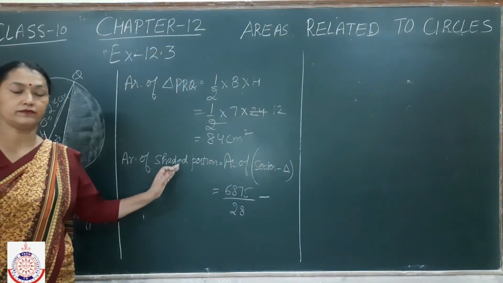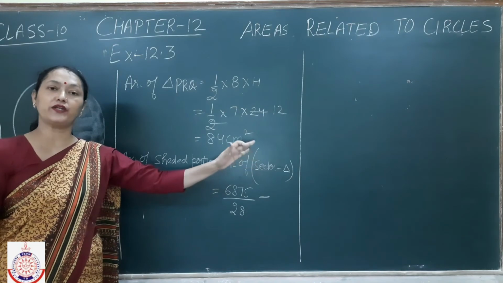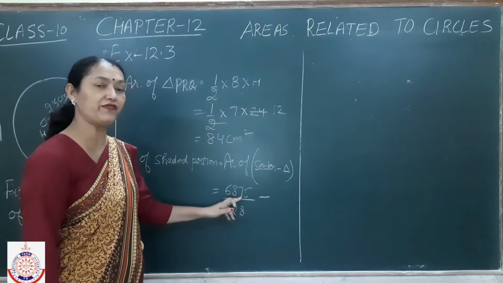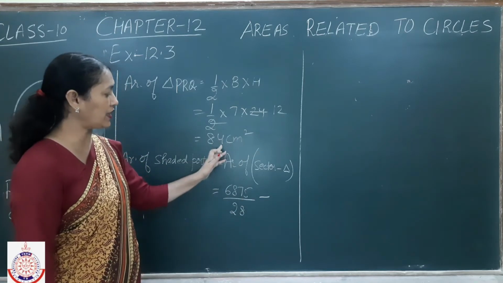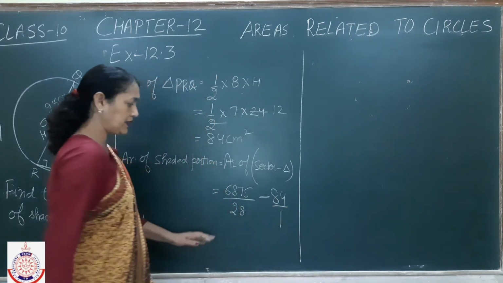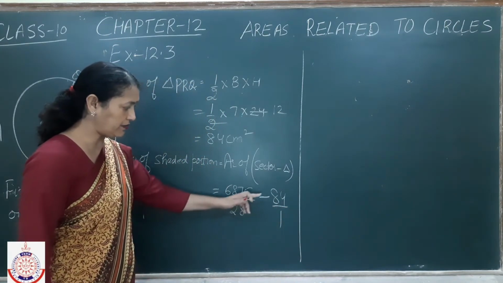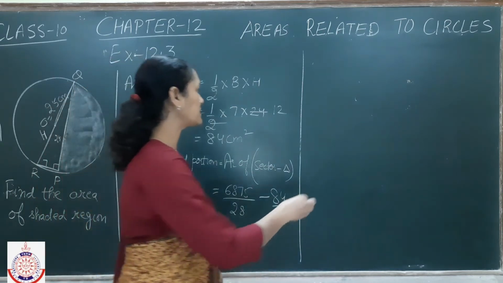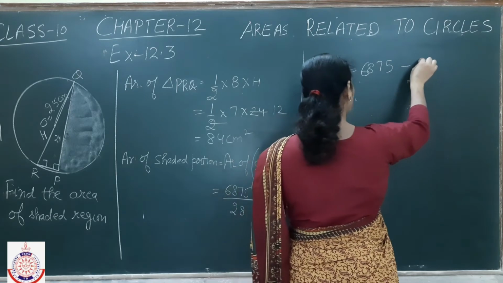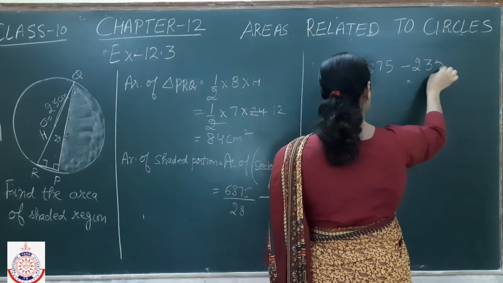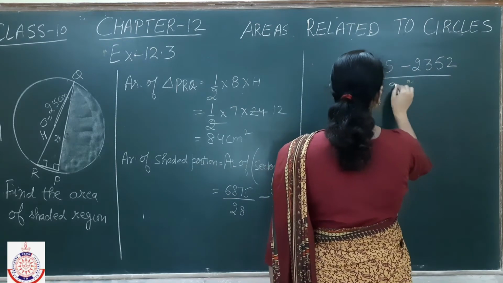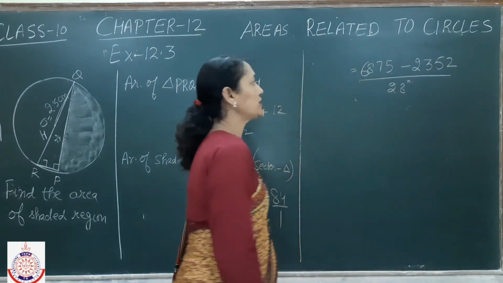The area of the shaded region will be the area of the sector minus the area of the triangle. The area of the sector we have already obtained as 6875 upon 28. The area of the triangle we have obtained as 84. So we will take the LCM. 28 multiplied by 84 will give us 2352 upon 28.